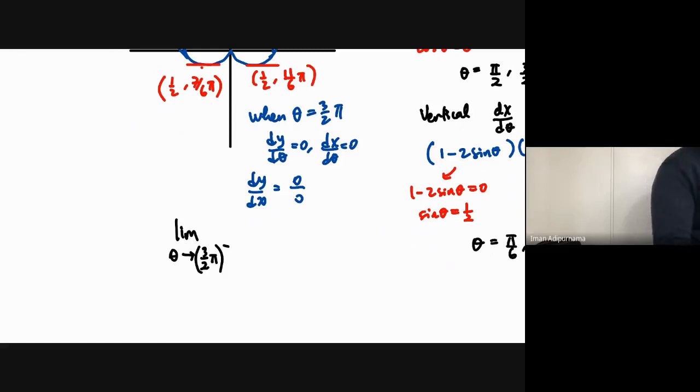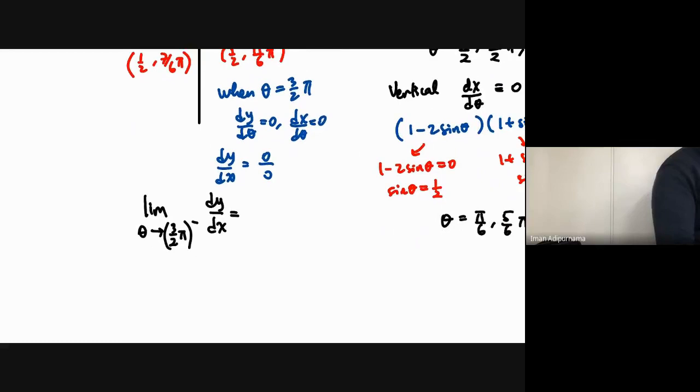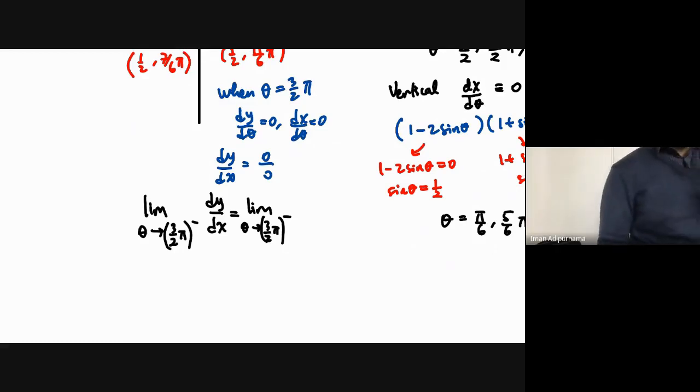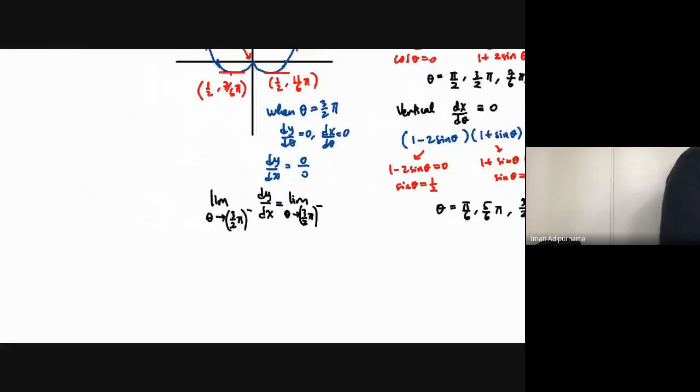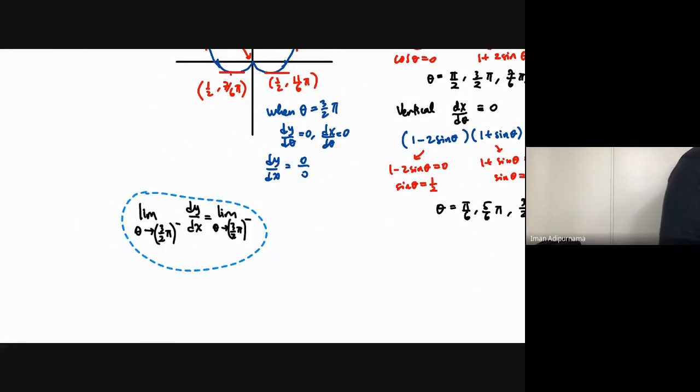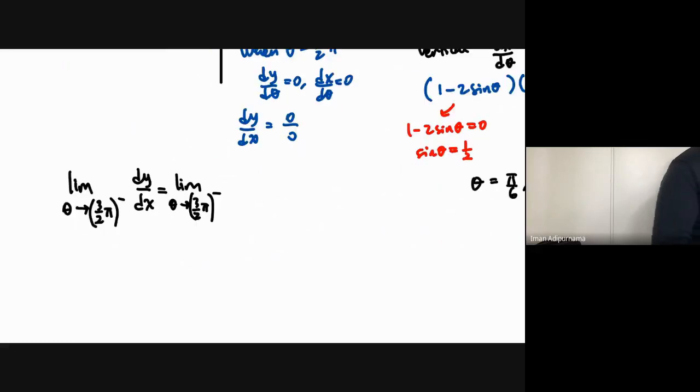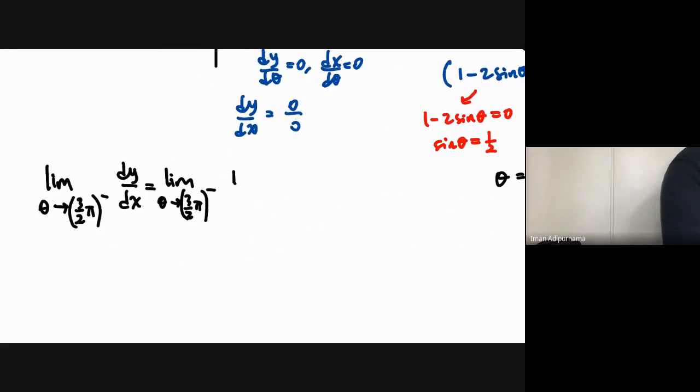We are writing dy over dx equals the limit as theta approaches 3 over 2 pi from the left. We can write down all the formulas, but let me write maybe around here. So 1 plus 2 sine theta. Let me write it completely.